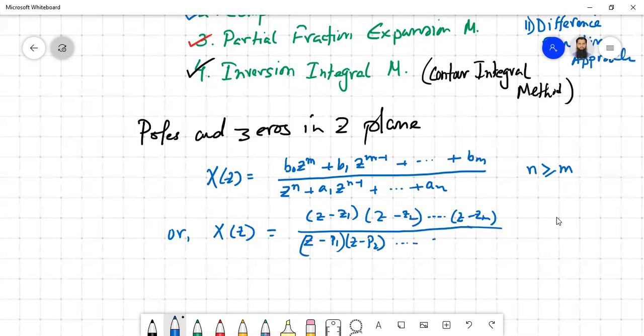As you can see, these are similar to the way we represent in our Laplace domain. And also you may have the coefficient b0 or some constant value. So here, the Pi are poles, and the Zi are zeros.